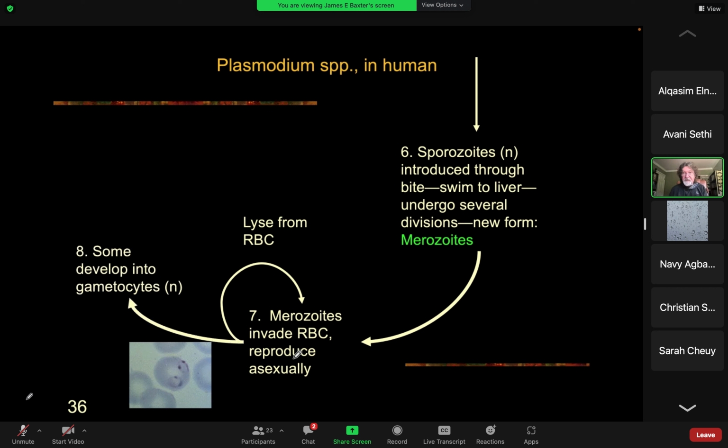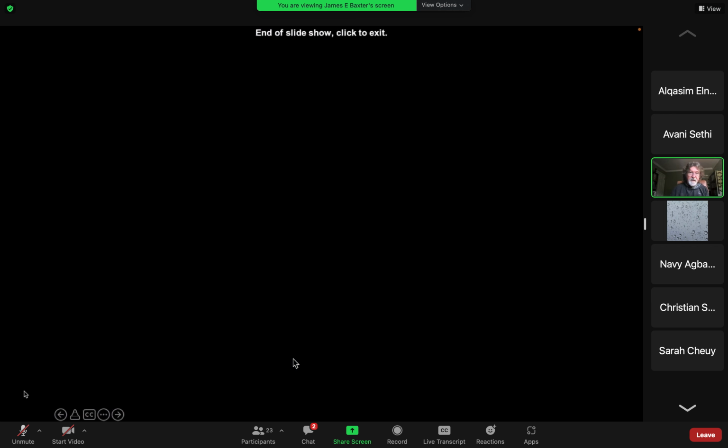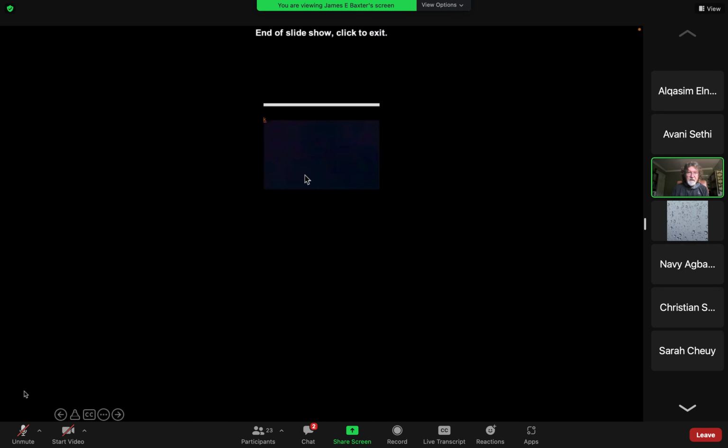Sometimes, if it's near evening, instead of producing only merozoites, a burst red blood cell will release both merozoites and gametocytes. These gametocytes will be in the peripheral blood, so that if a mosquito feeds on it, the gametocytes are transferred into the gut of the mosquito, and we've completed the cycle. So this is the life cycle of Plasmodium. Okay? And that is the end of this particular lecture.